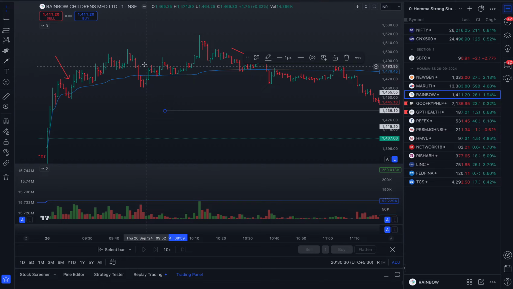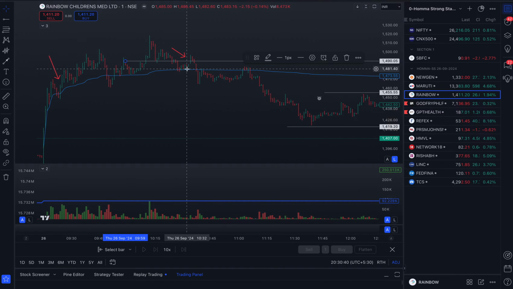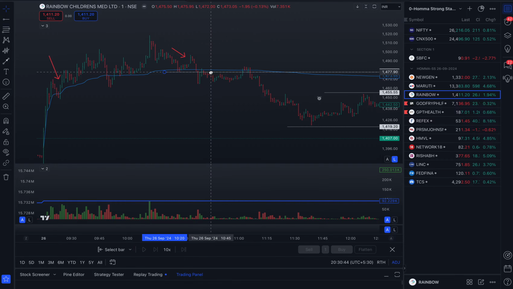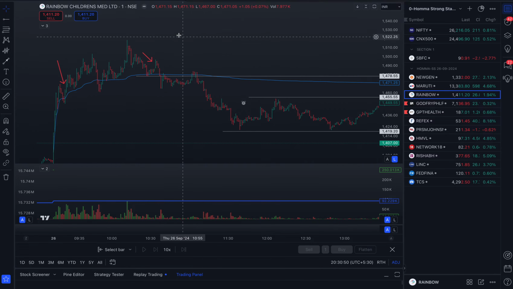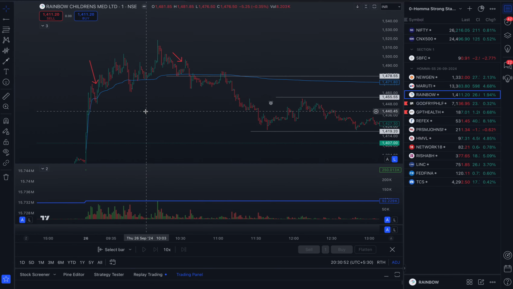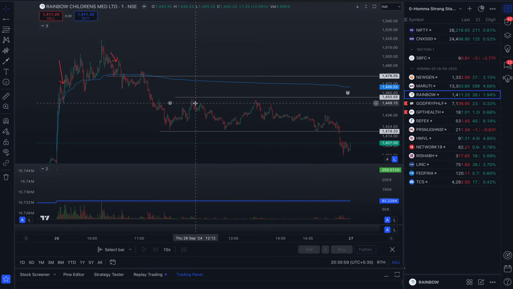I was very interested to get back in here also, but I could not. But I got in somewhere here, I think, and eventually I again got clipped here, below this AVWAP. So this was a small loss today in my trading, because I gained some here and lost some here.